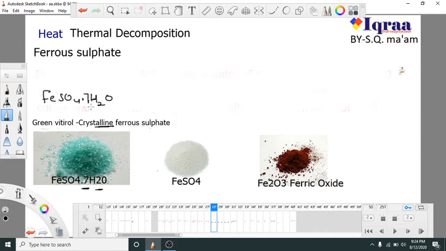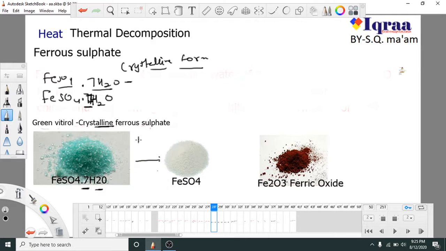How many molecules of water are present? 7 molecules of water are present with ferrous sulfate. Only then is it known as green vitriol, or present in crystalline form. This is how crystalline ferrous sulfate or green vitriol looks.